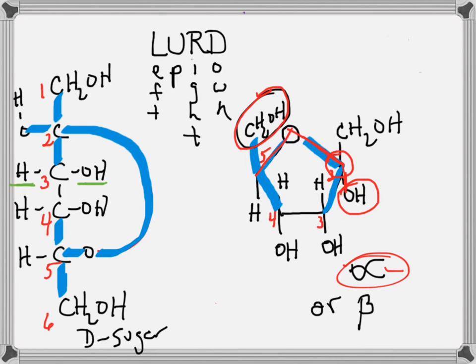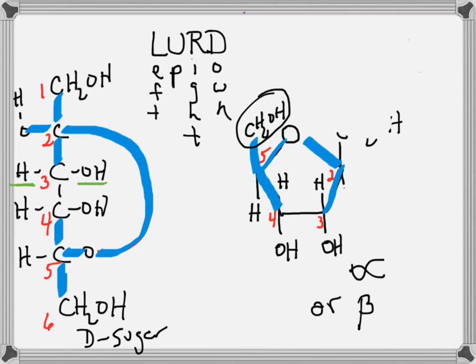And so this is a furanose ring in the anti configuration. Now just so you can see the difference, let's say originally we had put the OH up and the CH2OH down, which again would be perfectly reasonable.